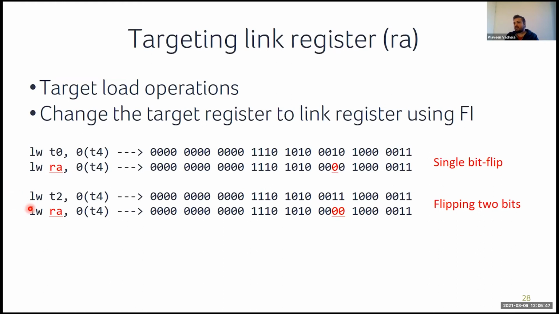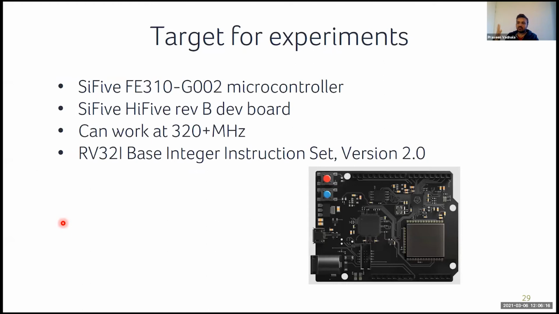Another example: let's say instead of T0, it's T2. Then this is how the binary looks, and here, instead of a 1-bit modification, we need to modify 2 bits using fault injection. Then we get the same result again. So that's what we want to achieve.